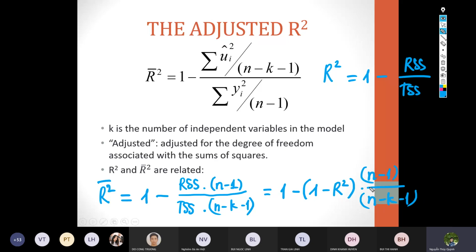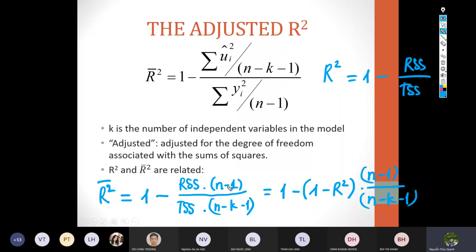So this shows the relationship between R square and the adjusted R square. The adjusted R square is equal to 1 minus 1 minus R square, multiplied by n minus 1 and divided by n minus k minus 1. Because of this, if we know the coefficient of determination of a model, then we can calculate the adjusted R square of that model, and vice versa.